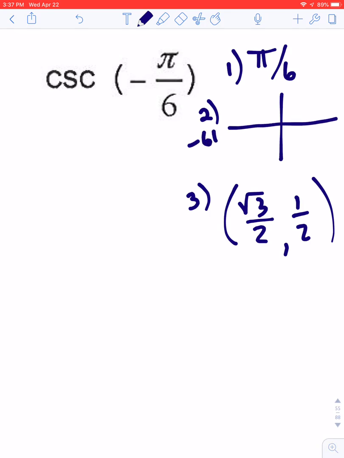Next, figure out where negative pi over 6 is. If I used a negative road map, negative pi over 6 is going to be in quadrant 4. In quadrant 4, x coordinates are positive, y's are negative. Okay, so I have my ordered pair for the angle negative pi over 6.